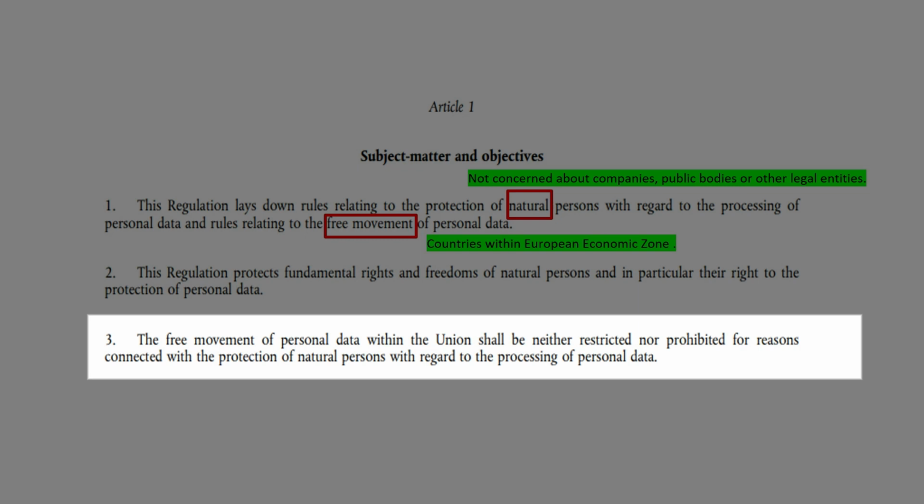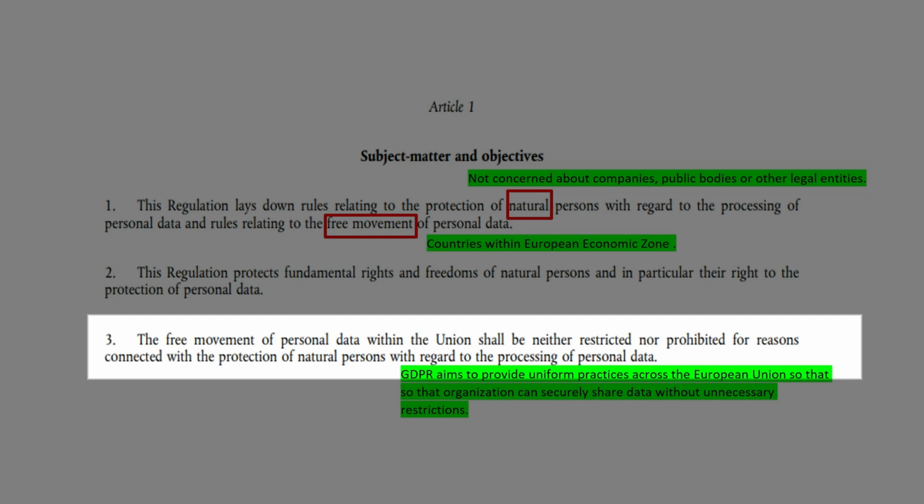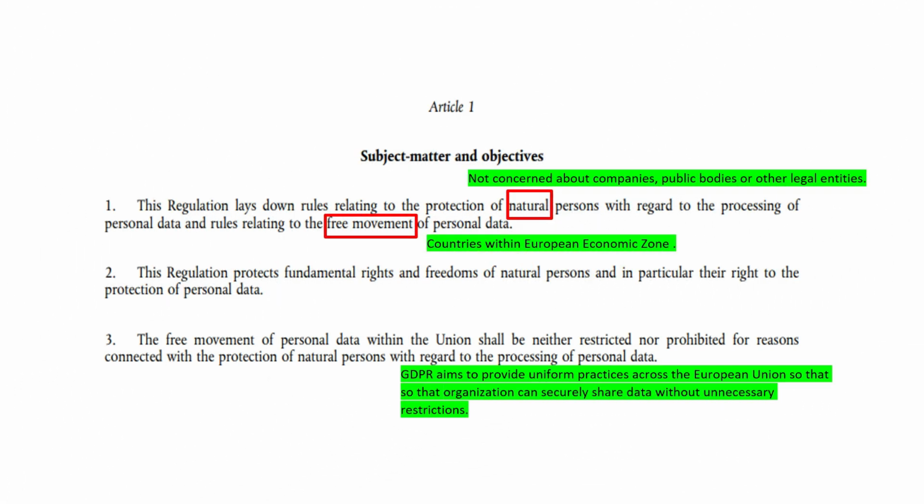Earlier, privacy-related regulations and practices were not uniform for different countries in Europe, and hence concerns were there about sharing data with other countries. So, GDPR aims to provide uniform practices across the European Union so that organizations can securely share their data without unnecessary restrictions. So, this is about Article 1.